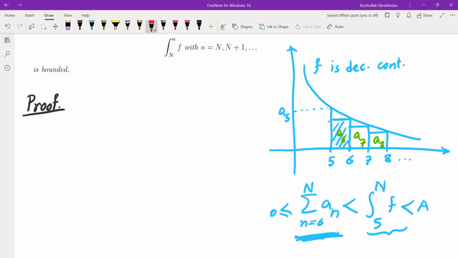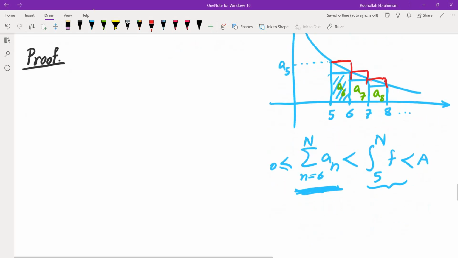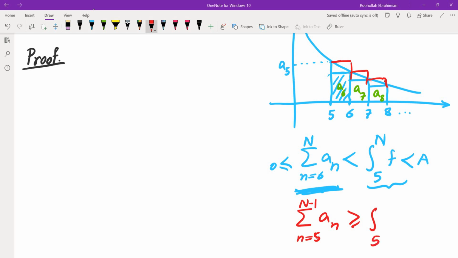On the other hand, if you look at these sums starting from A5, you get that the sum of n equals 5 to n minus 1 is greater than, okay, so I'm going to put it on the other side, greater than the integral from 5 to n of f.